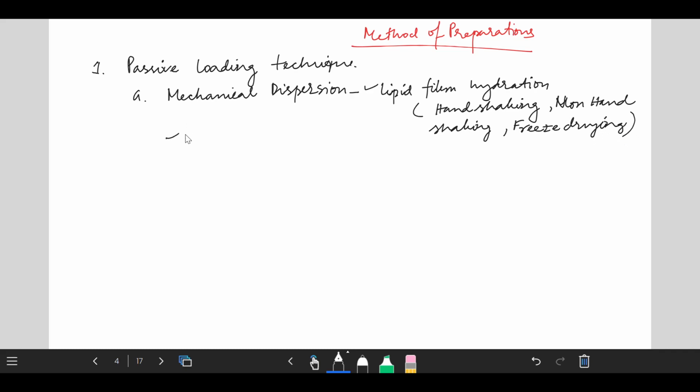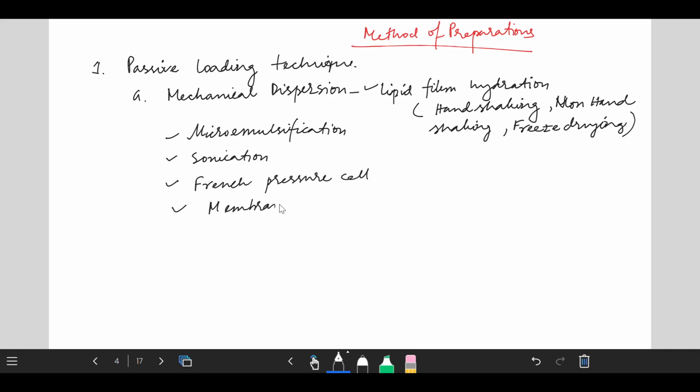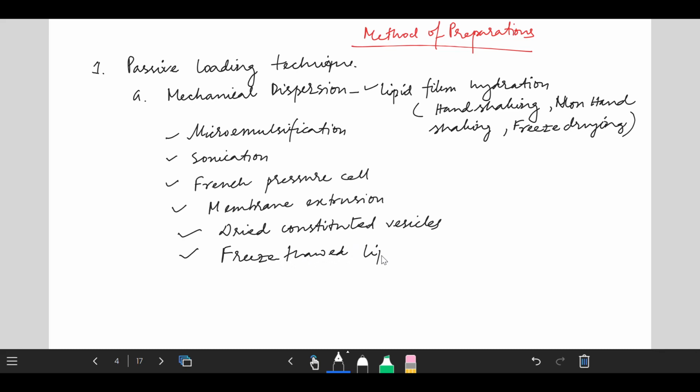And it can be microemulsification, sonication, French pressure cell, membrane extrusion, dried reconstituted vesicles, freeze thawed liposomes. These are the methods of mechanical dispersion type.